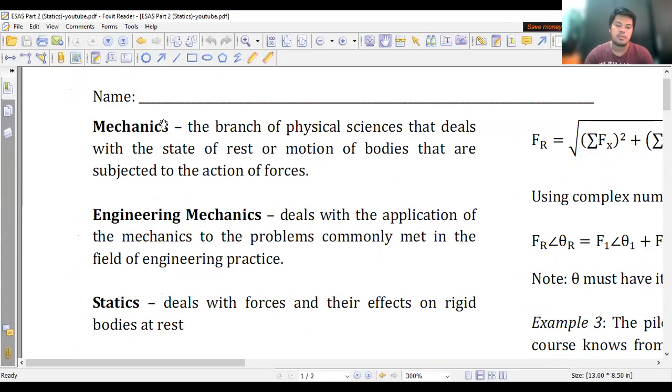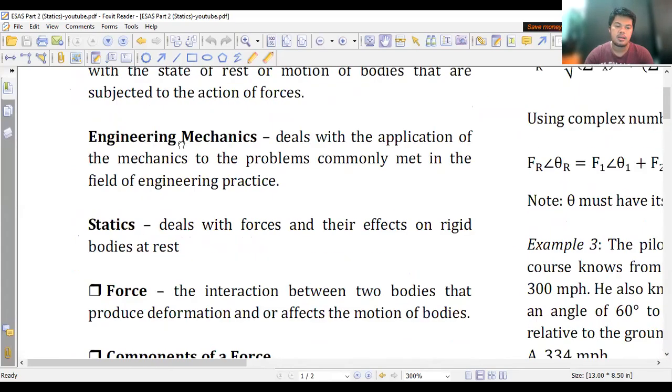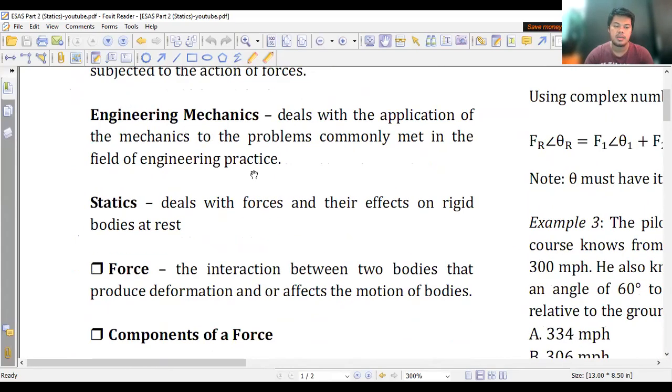We have here the definition of mechanics, and we also have the definition for engineering mechanics. It deals with the application of mechanics to the problems commonly met in the field of engineering practice.